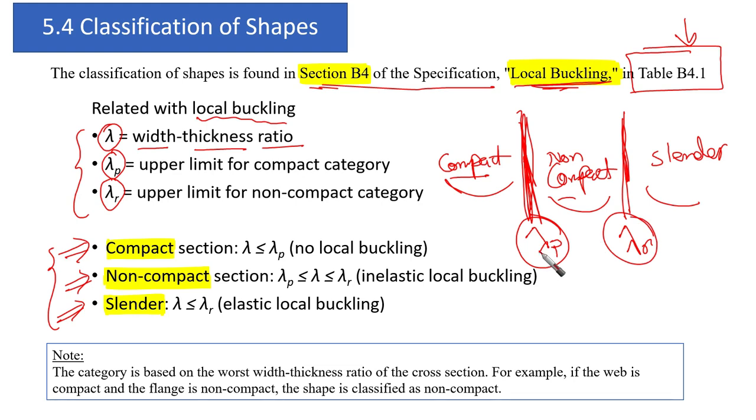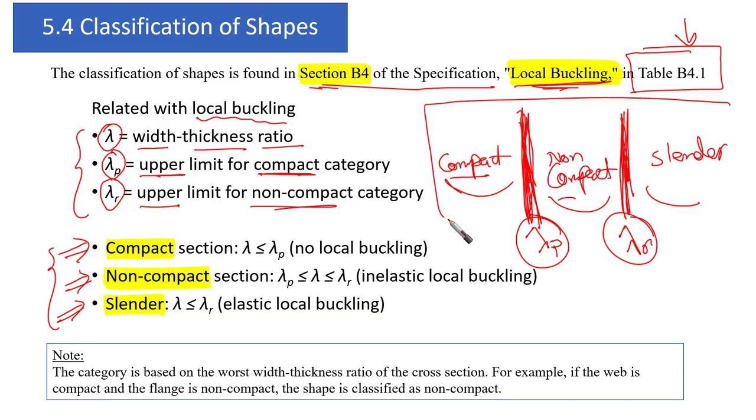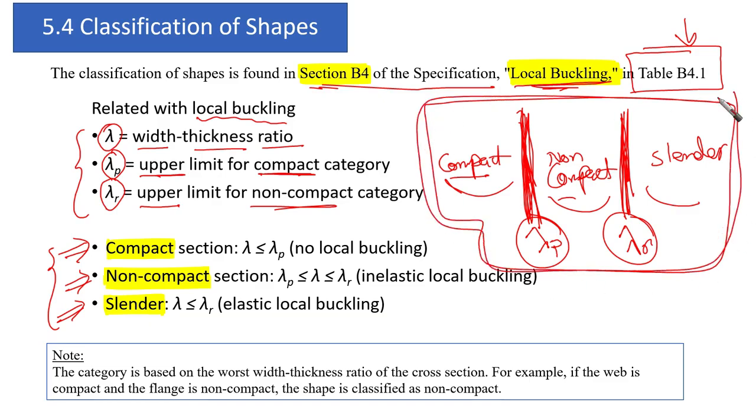So lambda p is the upper limit for the compact category, and lambda r is the upper limit for the non-compact category. After that, it is going to be slender. This is how we control the cross section and classify the shapes based on the width to thickness ratio.